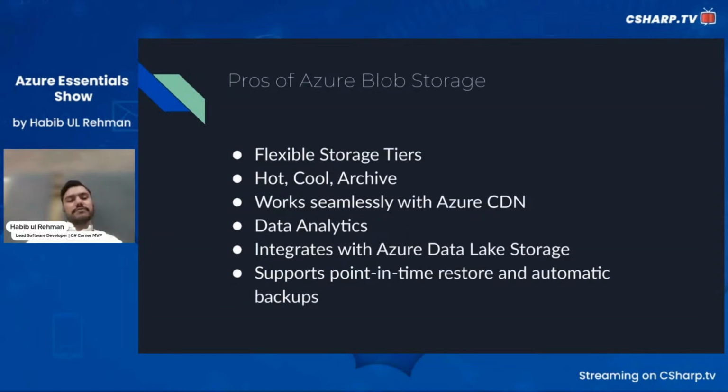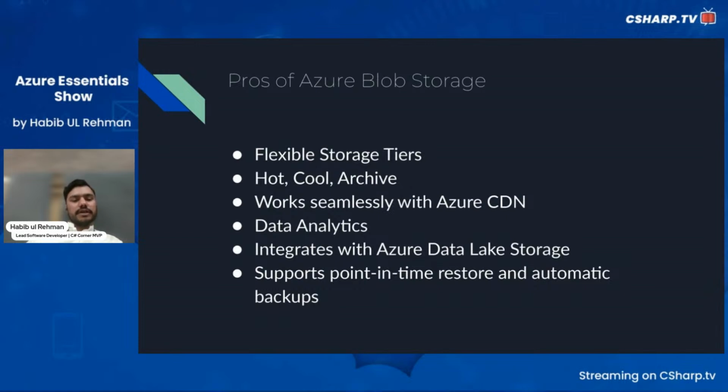The main pro of Azure Blob Storage is flexible storage tiers. It means Azure Blob Storage provides us different storage tiers with different rates, and all these storage tiers have different options. For example, first of all, we have the hot storage tier. If your data is accessed a lot of times by different users, which means you have a lot of traffic, then the best tier option is hot storage.